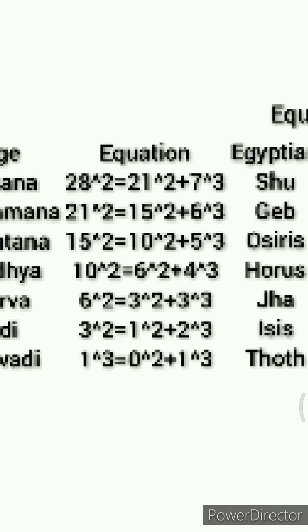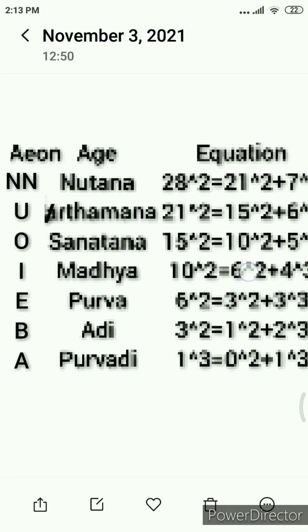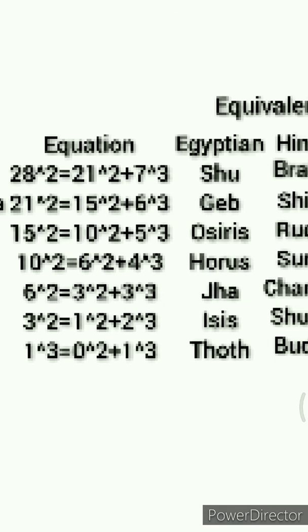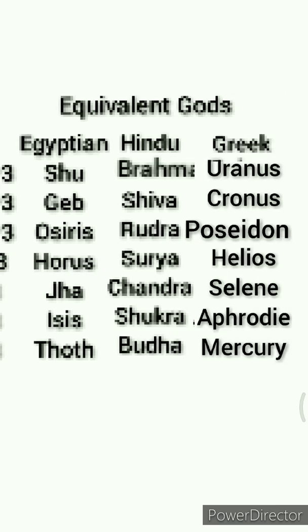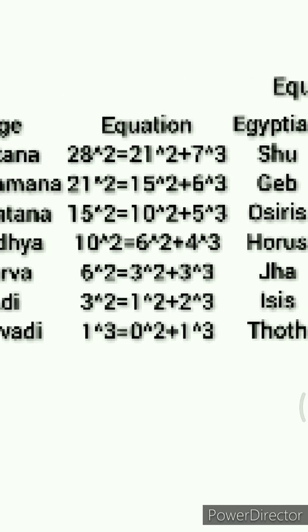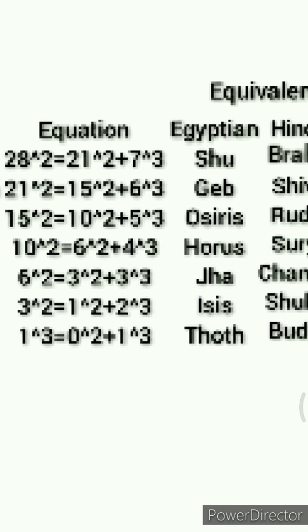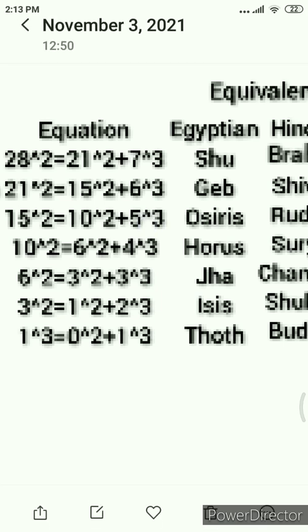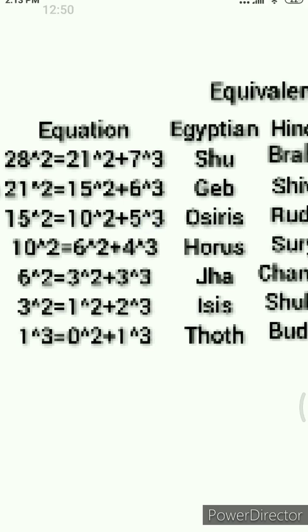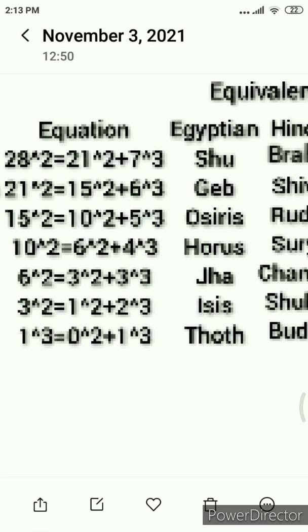But at this level, definitely it is the O guy, the Osiris, Rudra, Poseidon guy, in his rule, the 5 cube, the snake, which is 125, overpowers 10 squared. 10 squared is 100. 5 cube is 125.